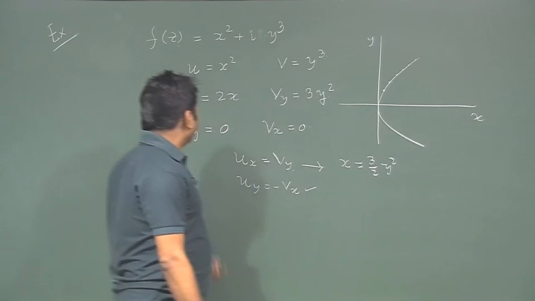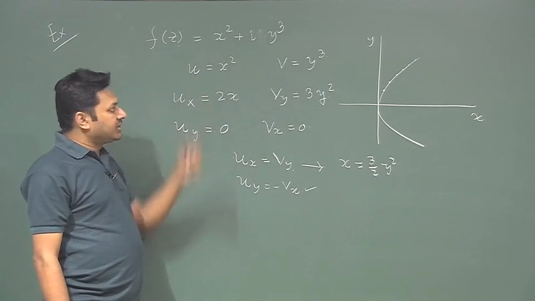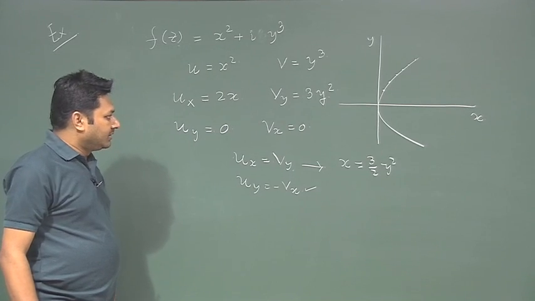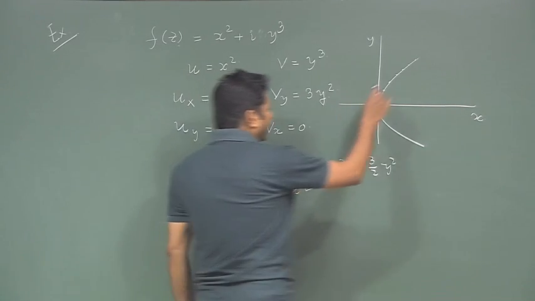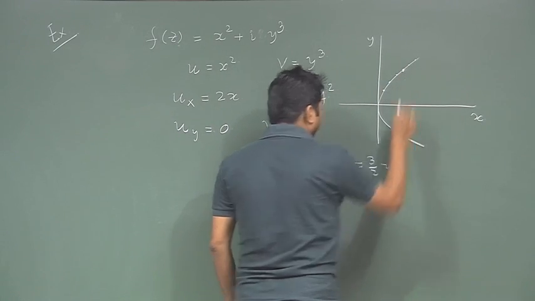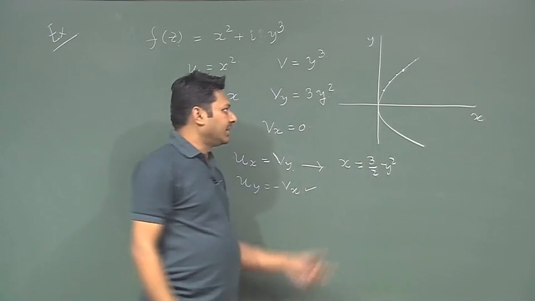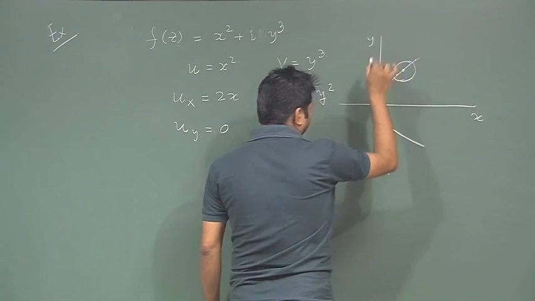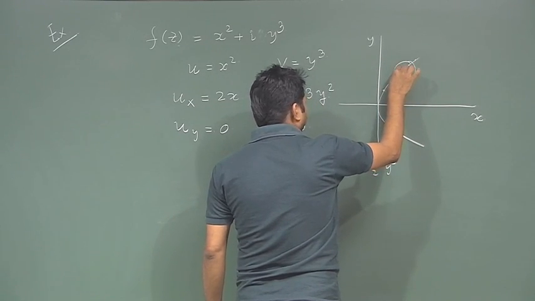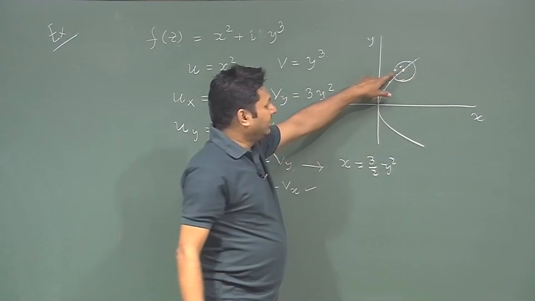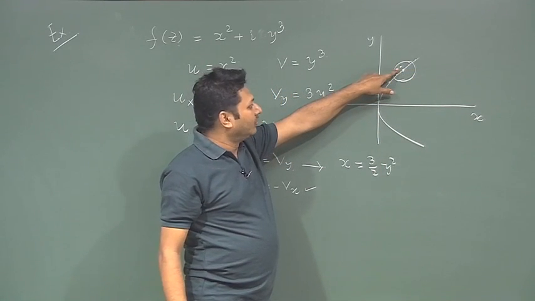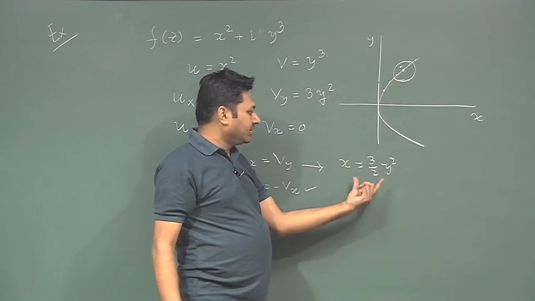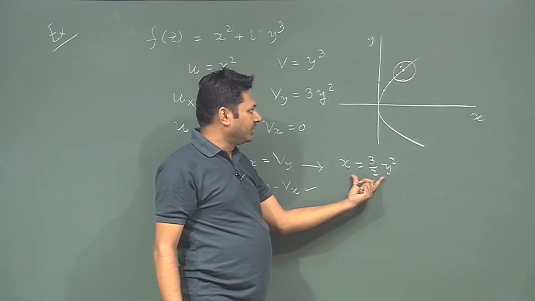But if I ask whether this function is analytic or not, I must say that it is not analytic, because the function has a derivative only over this line. If I take a point slightly shifted from the first one, apart from this line, we should not have the derivative of this function, because in that case this equation is not going to be valid.